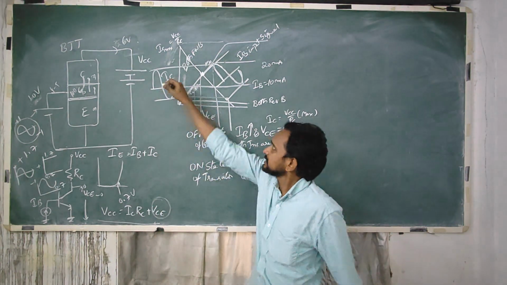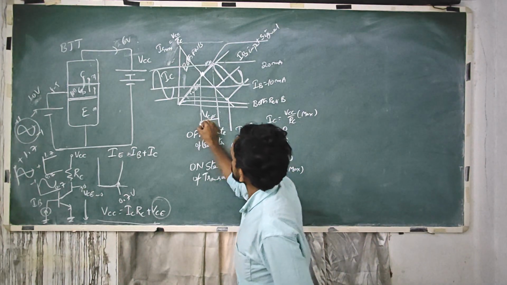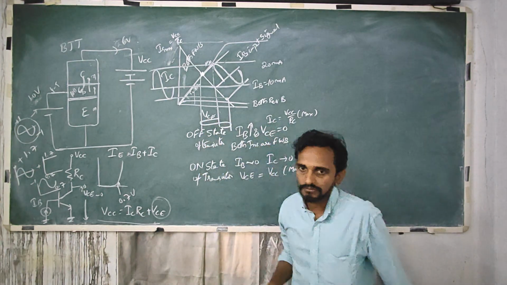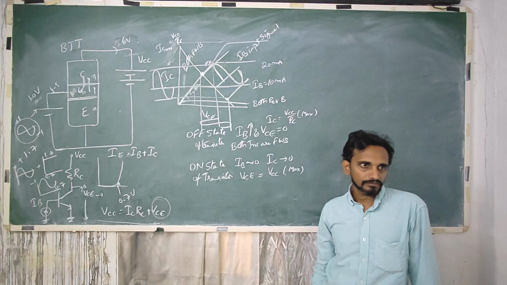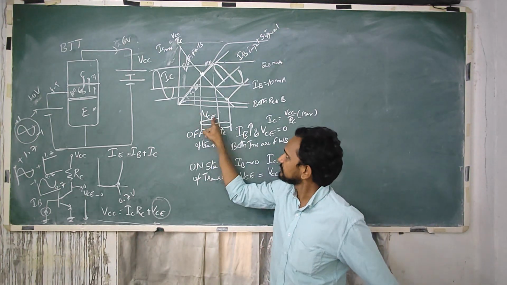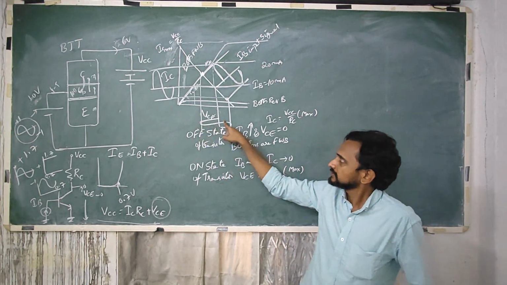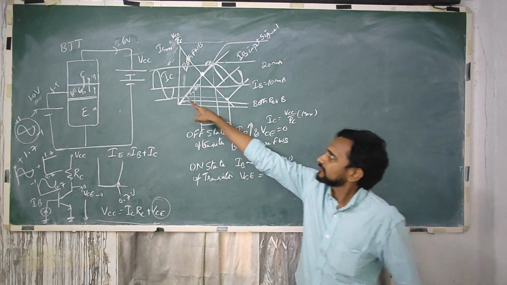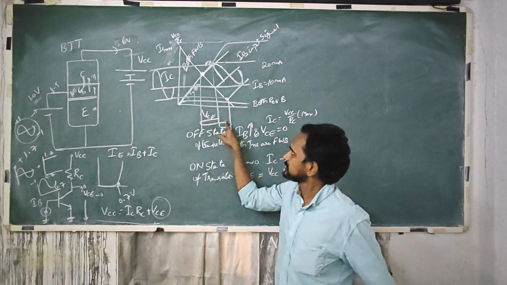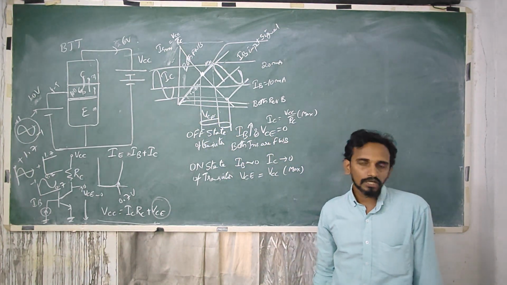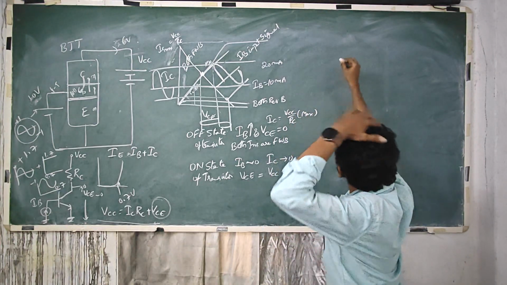If IC increases, VCE should decrease. If IC decreases, VCE should increase overall. So what is the final outcome?